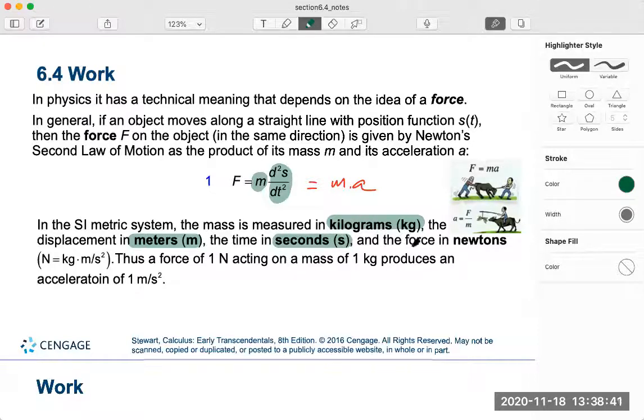So the unit of force is Newton. 1 Newton is 1 kg times 1 meter per second squared, because m over second squared is the unit of the acceleration. Okay, it's fine.